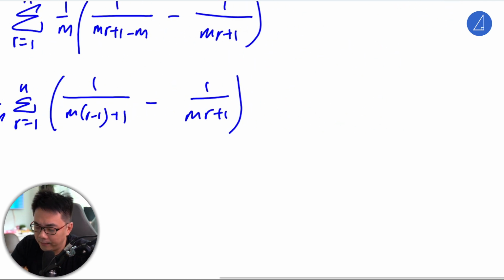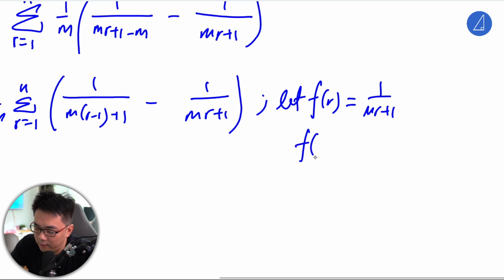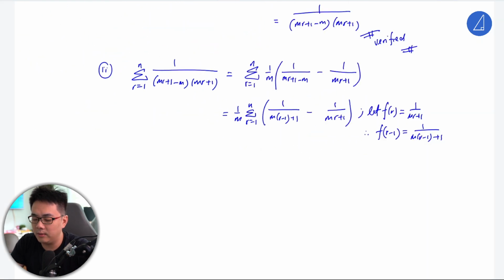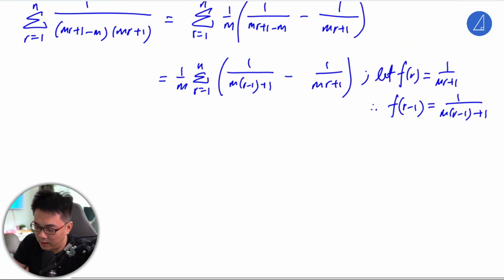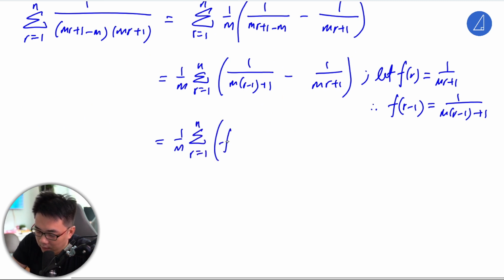So I'm going to let f(r) equals to 1 over (mr + 1). So f(r-1) will just be 1 over (m(r-1) + 1). So this is easy because I don't want to keep rewriting everything. So this will just be the sum from r equals to 1 to n of 1 over m, then f(r-1) minus f(r). I think this is easier to deal with.